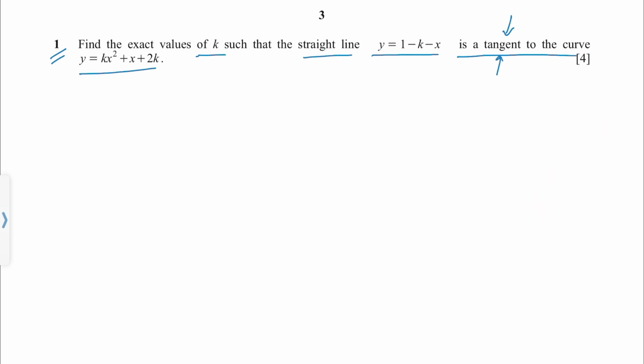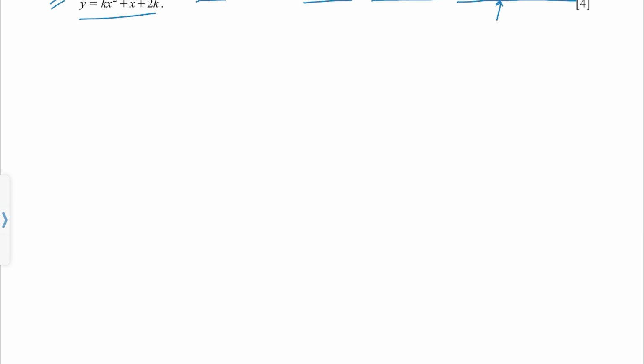Now, we need to calculate b squared minus 4ac. First of all, we need to substitute this y into this equation to get the final equation. Here y equals 1 minus k minus x and y equals kx squared plus x plus 2k.